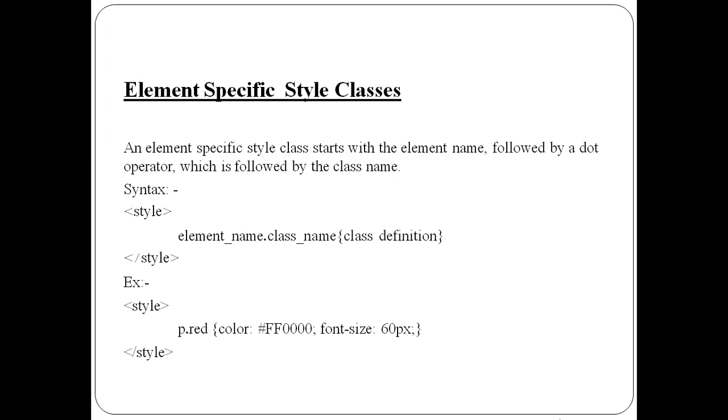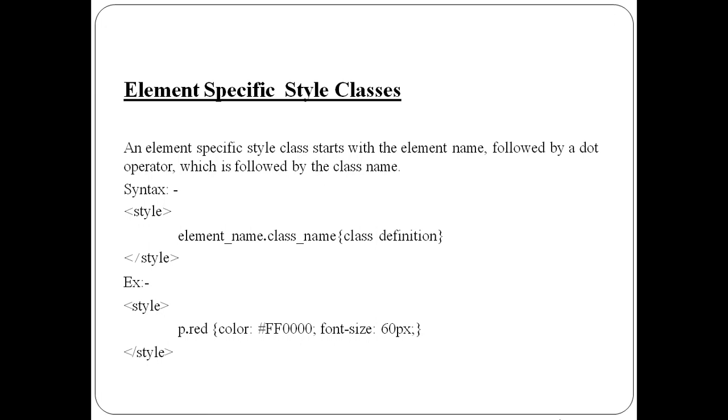Okay, here we have the second type of style classes, that is element specific style classes. An element specific style class starts with the element name followed by a dot operator, which is followed by the class name. So you can see here the syntax is given: element name dot class name, and then within curly braces you specify the class definition.